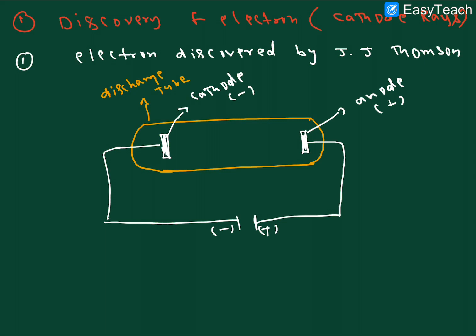In this discharge tube we fix a vacuum pump to maintain low pressure. The use of this vacuum pump is to maintain the low pressure.